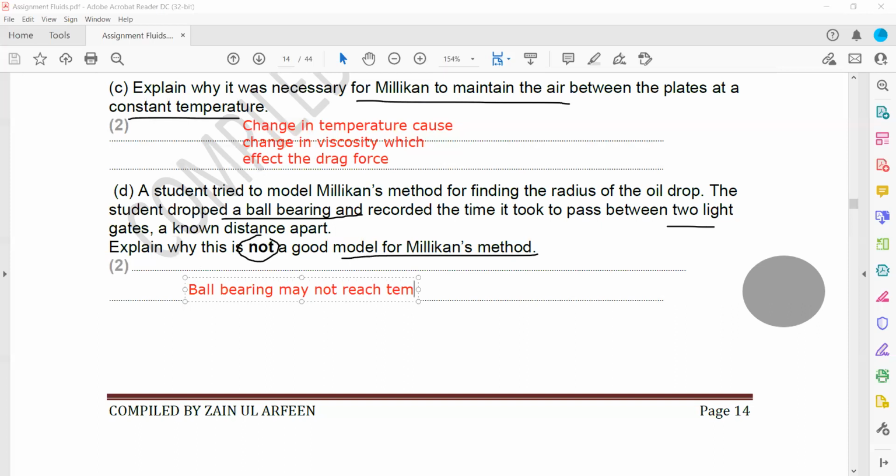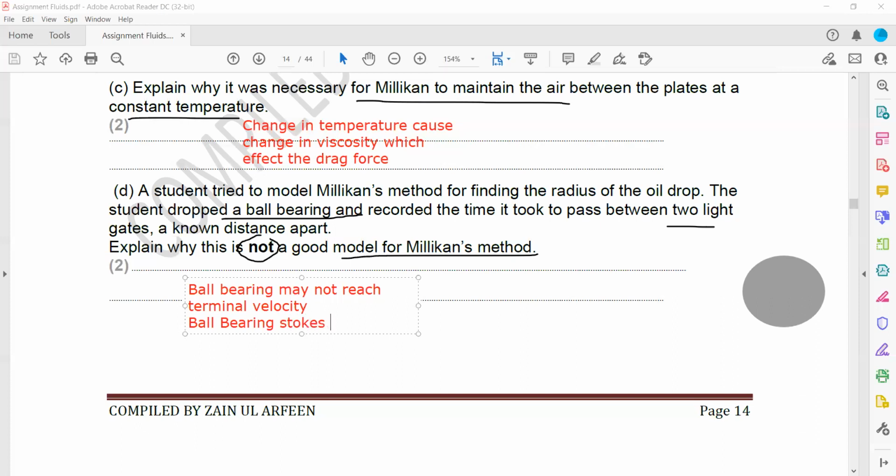That's one thing. And for the ball bearing, Stokes' law cannot be applied.